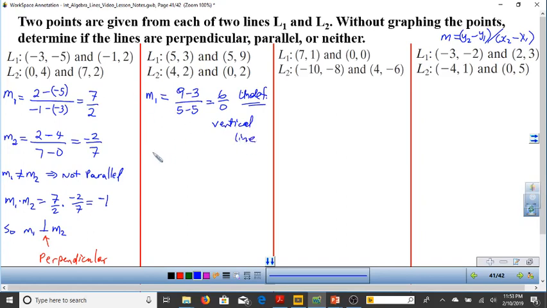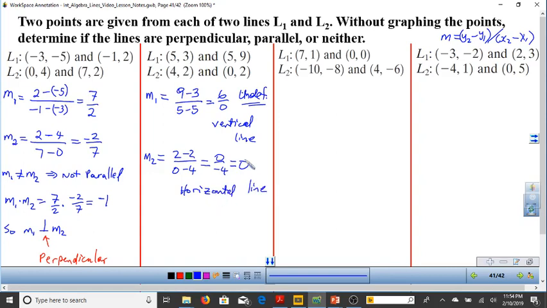Let's do the other one. M2. We're talking about 2 minus 2 over 0 minus 4. That gives me 0 over negative 4, which is 0. That is a horizontal line because the slope is 0.